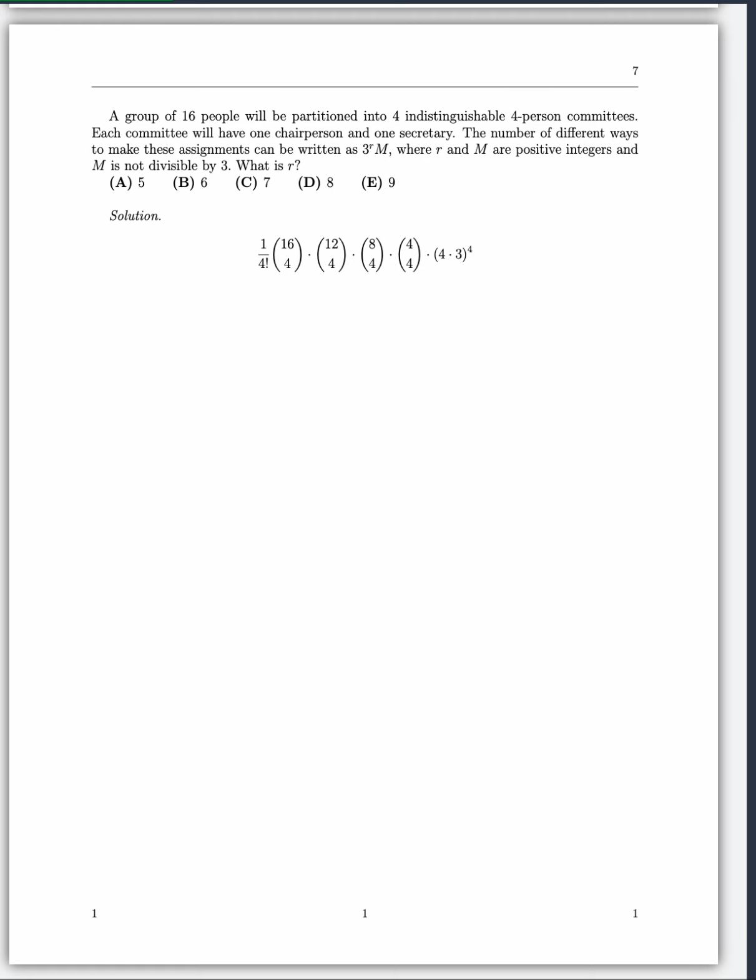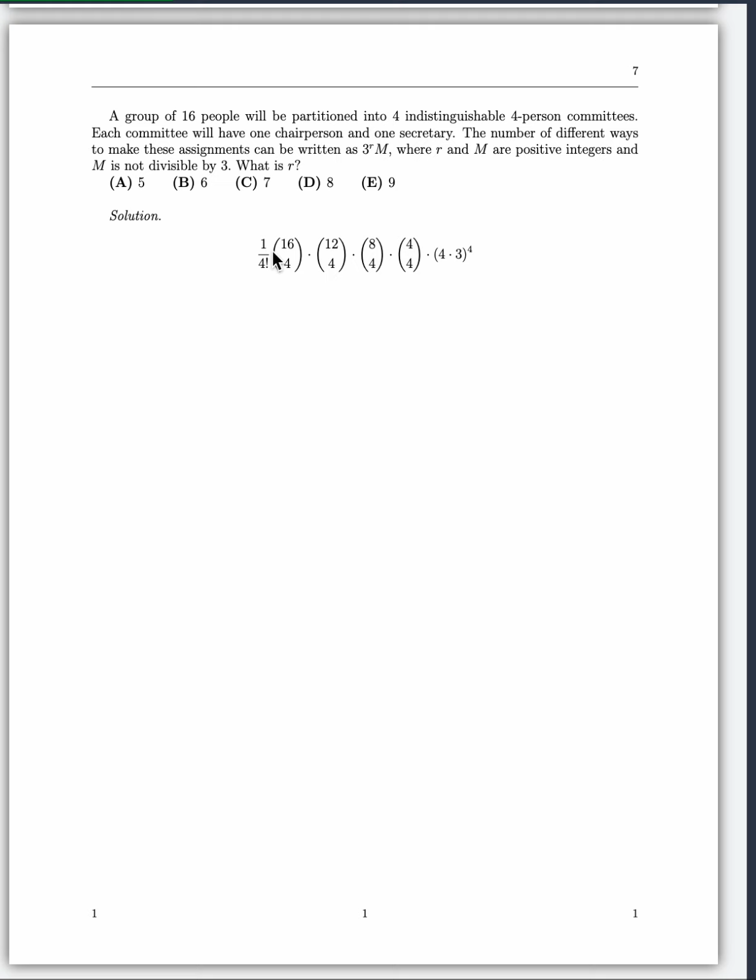For each committee, we choose 1 chairperson first, which has 4 ways, and then the secretary, which has 3 ways, from the 4 people excluding the person already chosen.